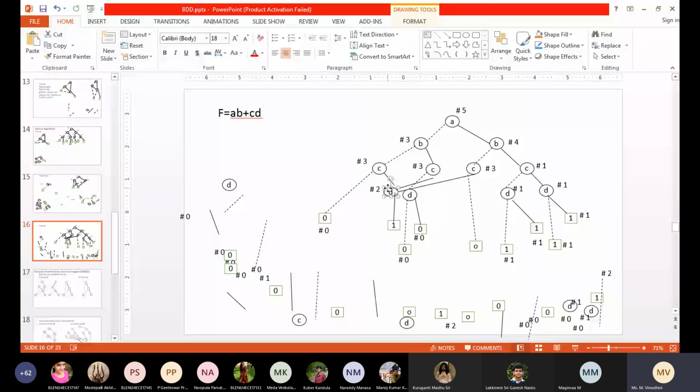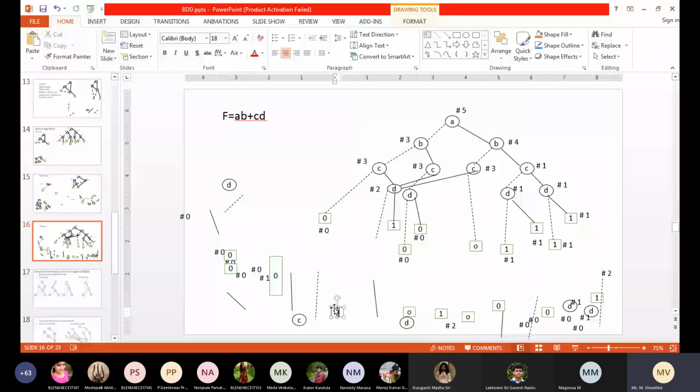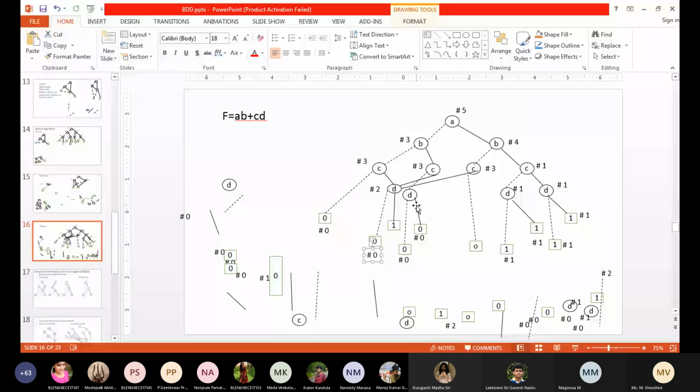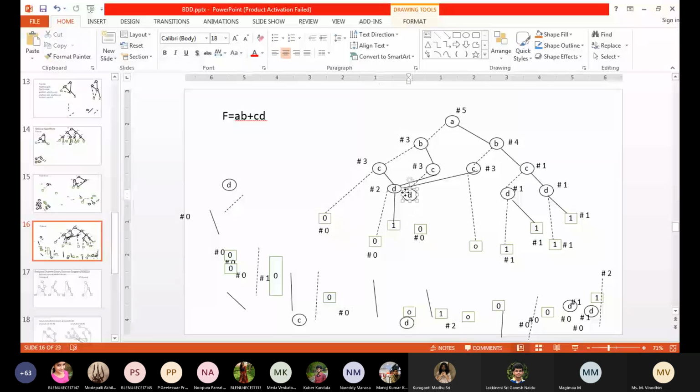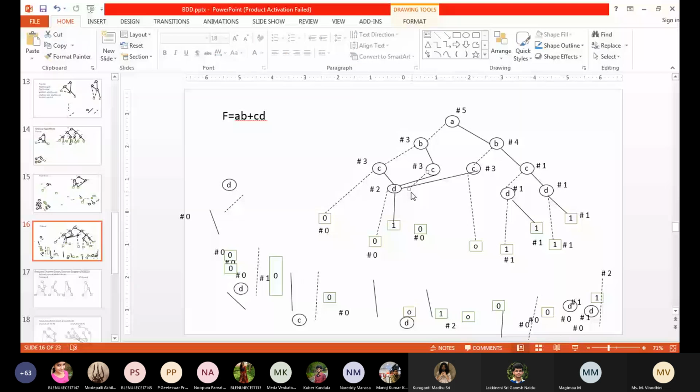So what have I done wrong? Which D do I need to remove? I think I made a mistake. It should be here. This D I need to remove.